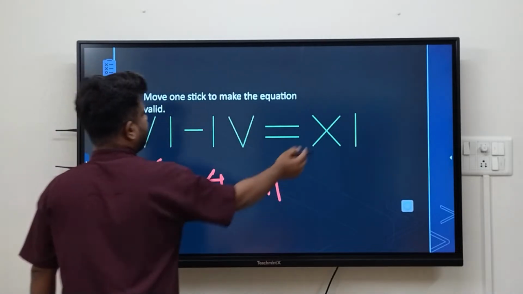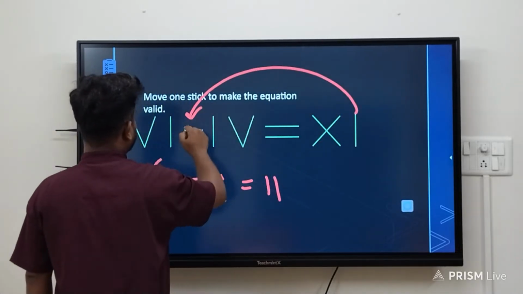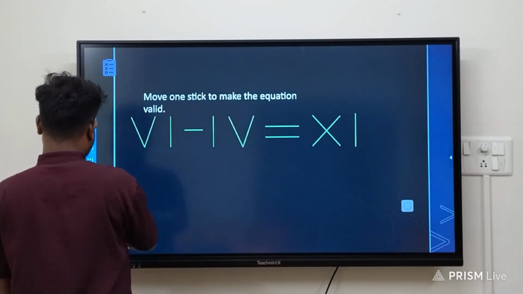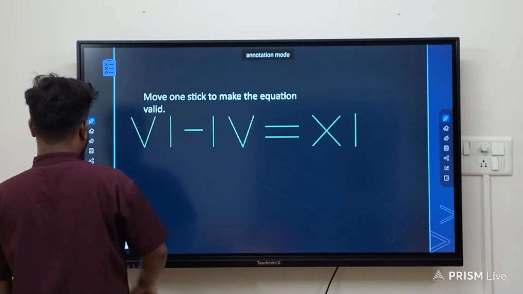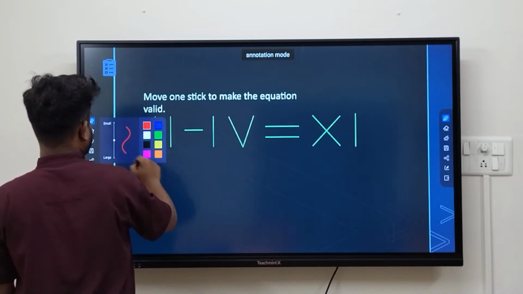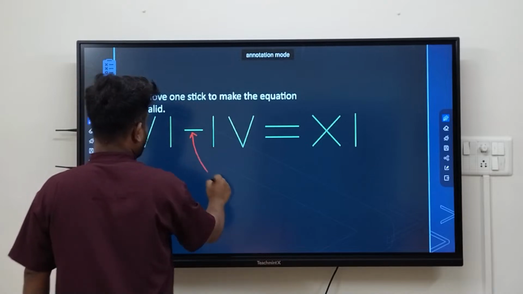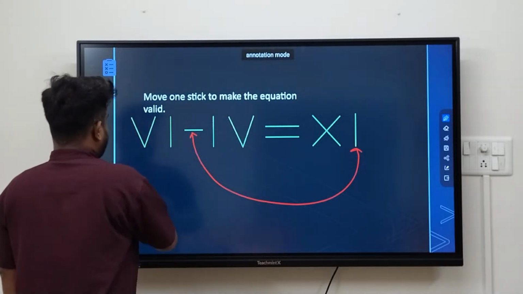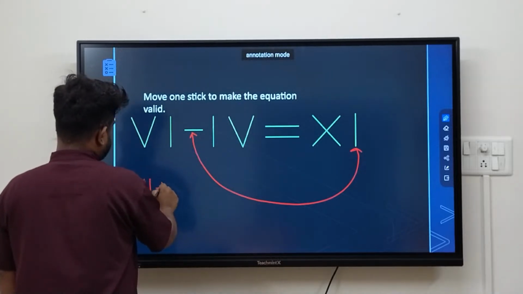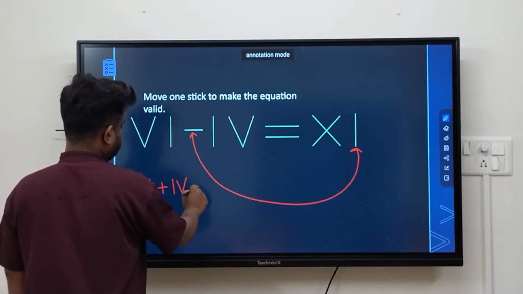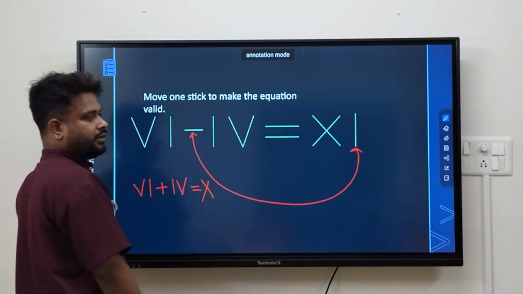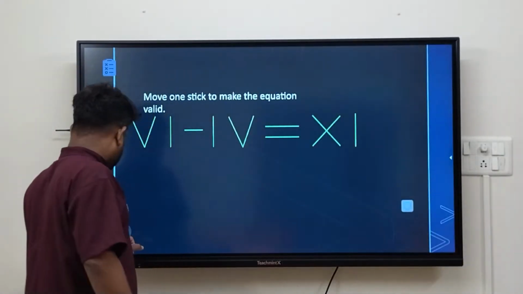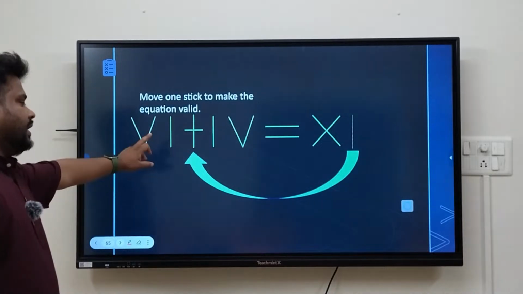So if we change the side of this stick here and make it this, then the answer will be 6 plus 4 equals 10. Okay, so the answer will be like this. Yes, they have also done the same.